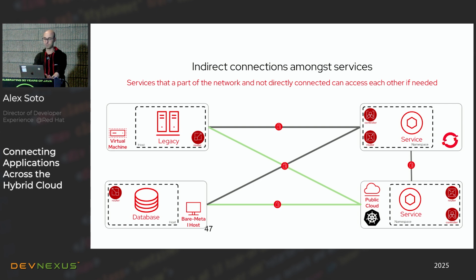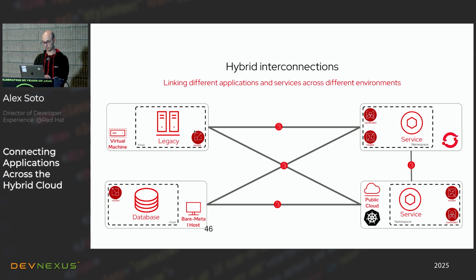Also, as I mentioned, Skupper always tries to connect to sites that are not directly connected. Here you see that if I want to send a request from this to this, from this to this, then Skupper is smart enough to say, okay, I just send the traffic here and then here.